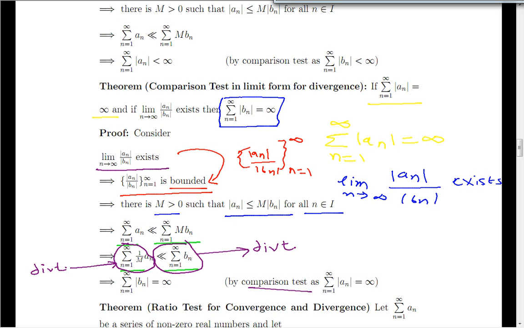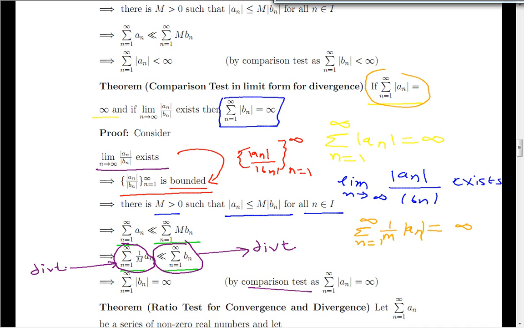Before that, let me clear a doubt: why does the series 1 upon M |an| diverge? Because it is given that the series Σ|an| itself diverges.